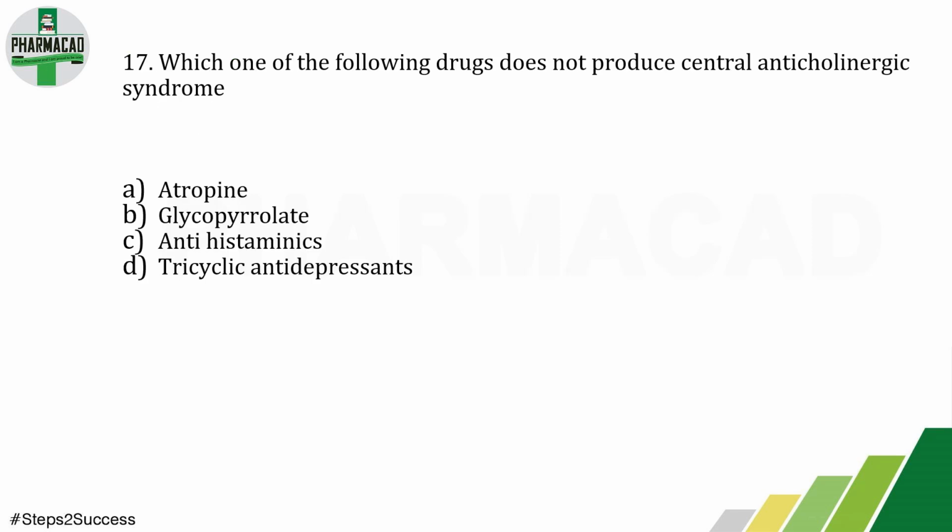Next question, which of the following drugs does not produce central anticholinergic syndrome? The options are atropine, glycopyrrolate, antihistaminics or tricyclic antidepressants.